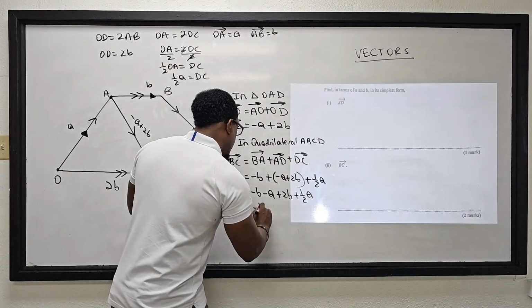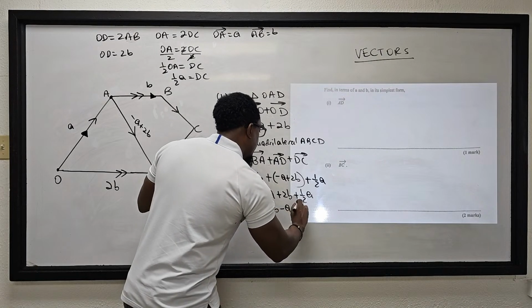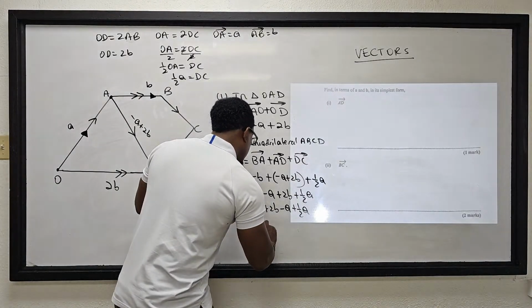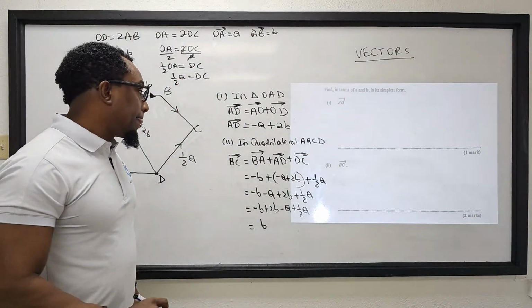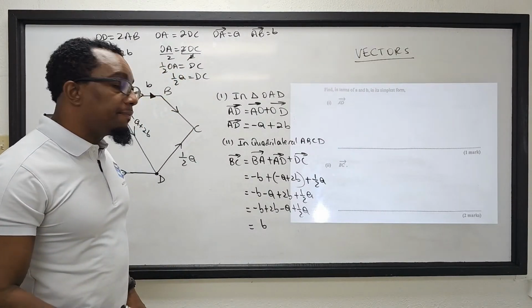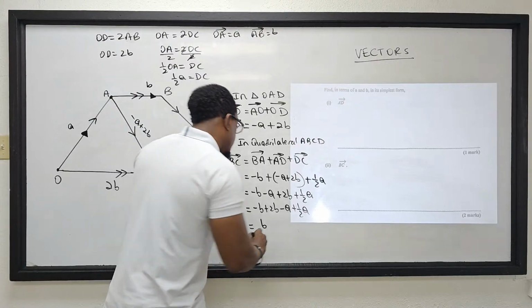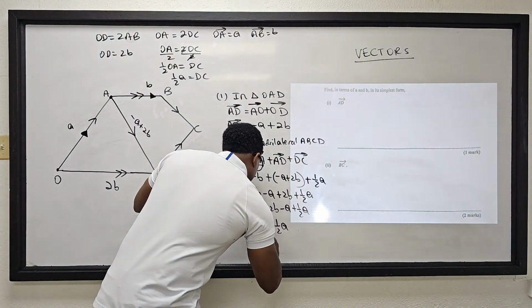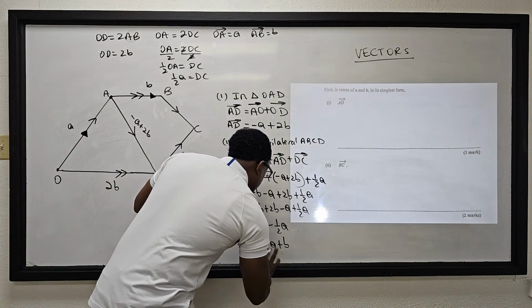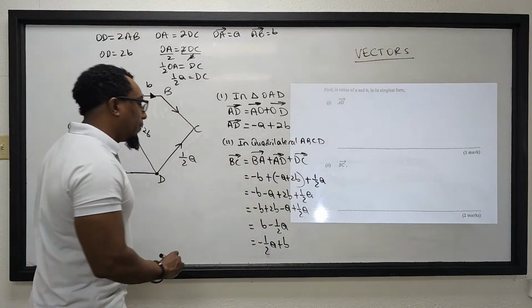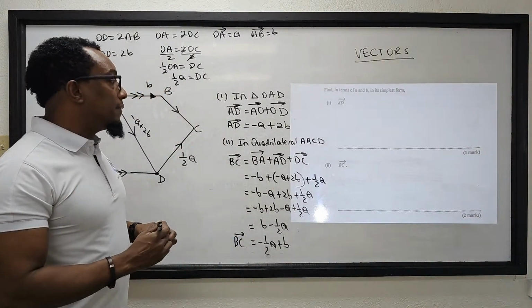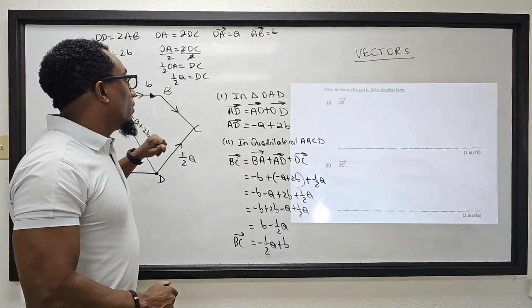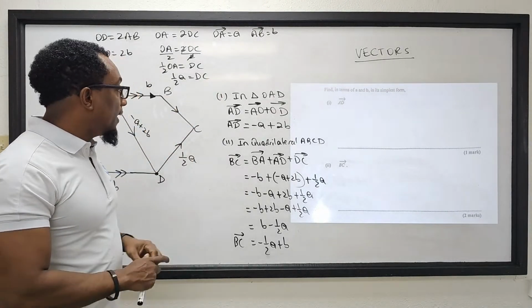This is negative B plus 2B and negative A plus a half A. Negative 1B plus 2B is positive B. And negative 1 plus a half is negative a half A. If you want to write it in order of the letters of the alphabet, this is negative a half A plus B. And this is the answer for BC in terms of A and B. So using the quadrilateral, which is known as the polygon law, or you could have, and of course getting familiar with the triangle law.